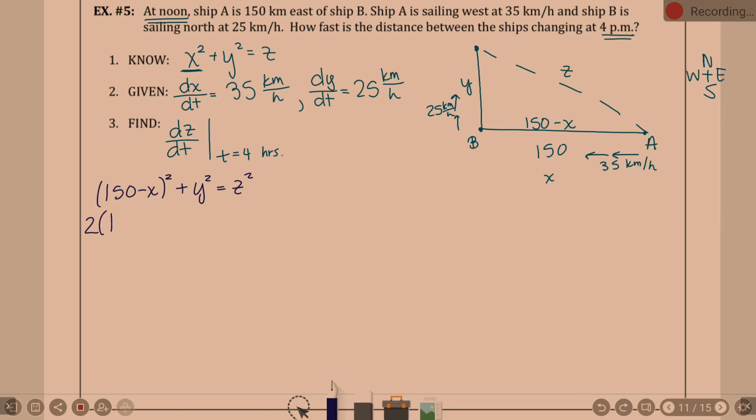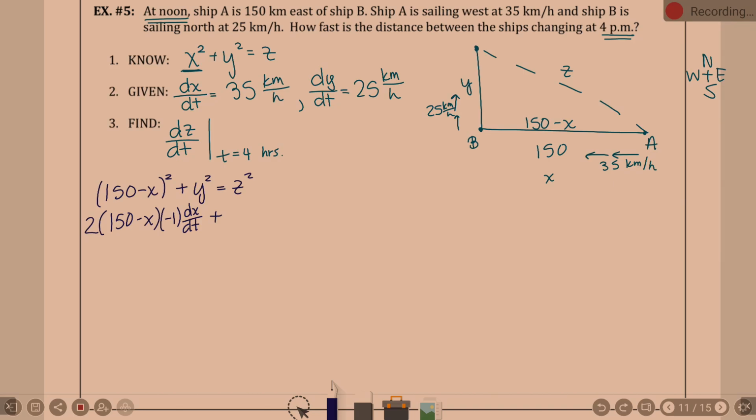2 times the 150 minus x. Your power now becomes 1, because 2 minus 1 is 1, times the derivative of the inside. What's the derivative of the inside? Negative 1. Times the derivative of x, which is dx dt, because everything is with respect to time.